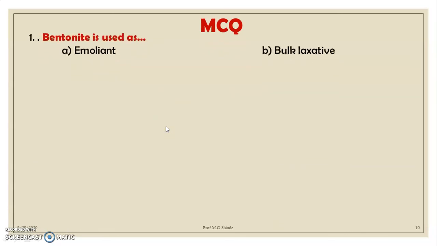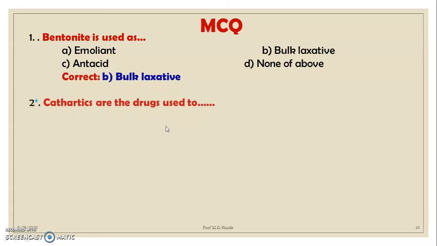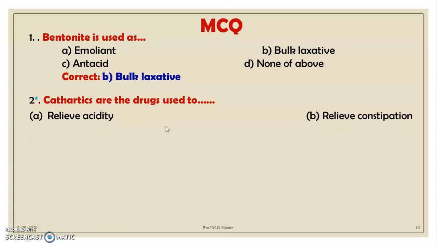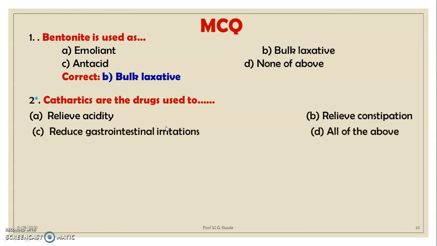Now some MCQs. First, bentonite is used as: A emollient, B bulk laxative, C antacid, D none of the above. The correct option is bulk laxative. Second MCQ: cathartics are drugs used to relieve acidity, relieve constipation, reduce gastrointestinal irritations, or all of the above.